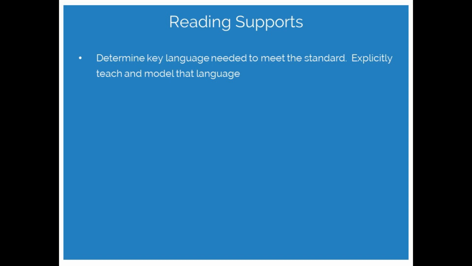First suggestion: determine the key language needed to meet the standard and explicitly teach and model that language. So for example, if you are citing evidence, you want to explicitly teach students how to say, according to the author, on page 13 it states. You want to teach those structures and make sure you have them available for students to refer to and use while they're working on the standard.